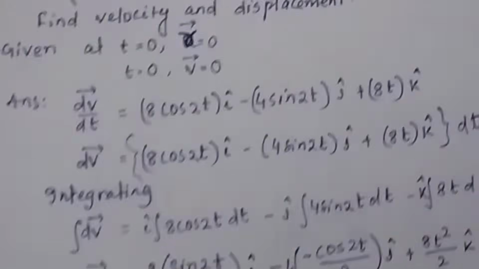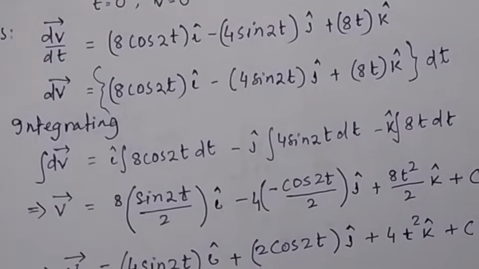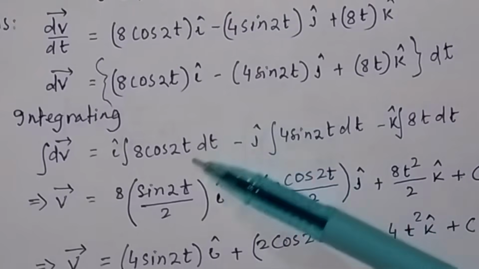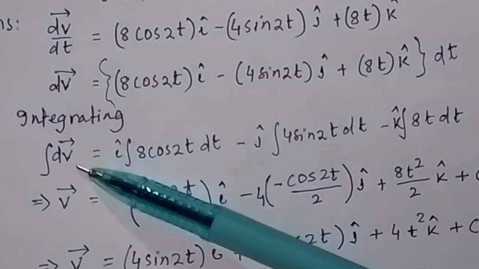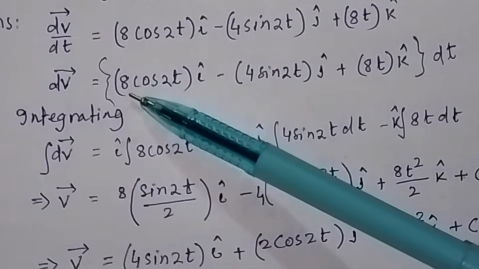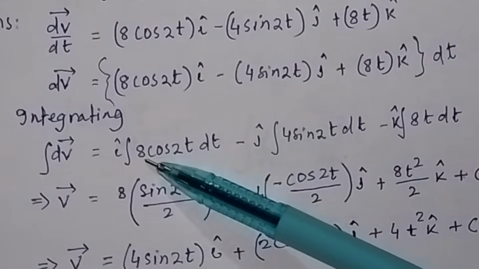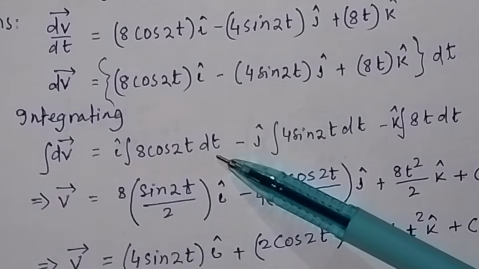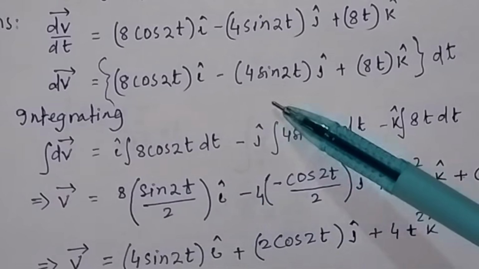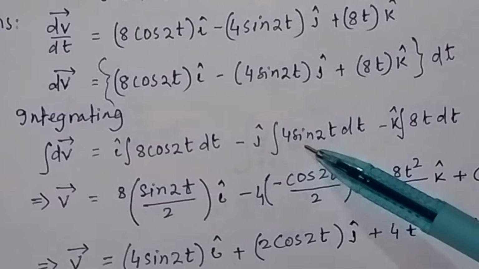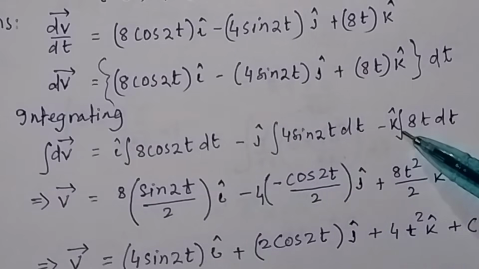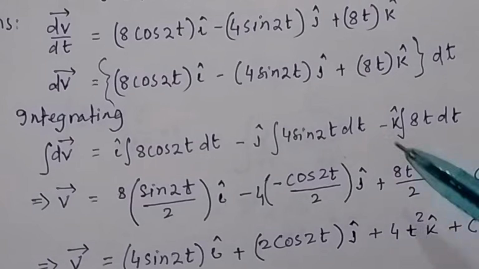When you integrate each component of the vector function, this will be the integration of dv, and this side will be i cap times the integration of 8 cos 2t dt, minus j cap times the integration of 4 sin 2t dt, plus k cap times the integration of 8t dt.